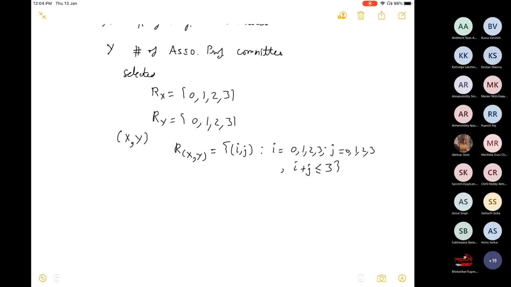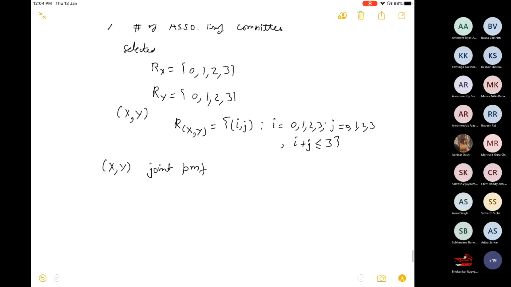So what is the joint PMF? The two-dimensional random variable has the joint probability mass function p(i, j), which is the probability x is equal to i, y is equal to j.